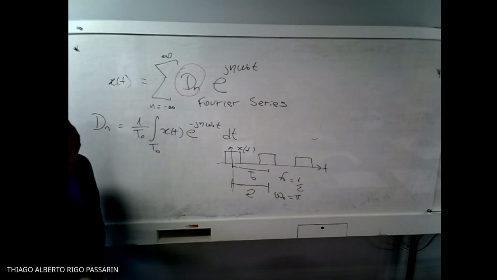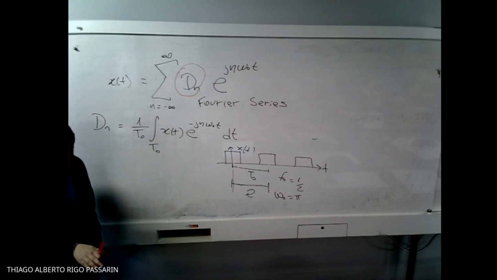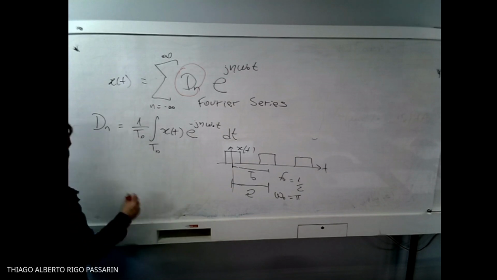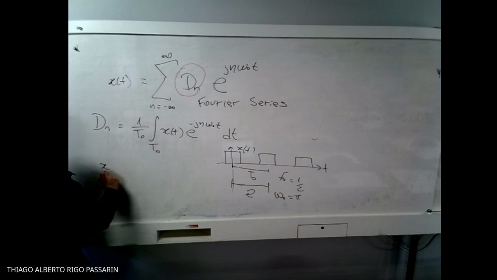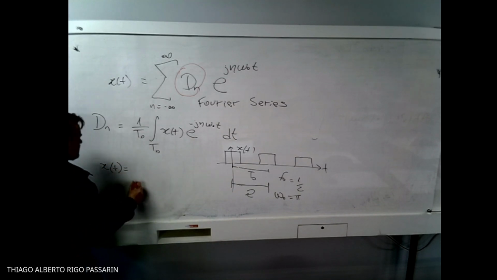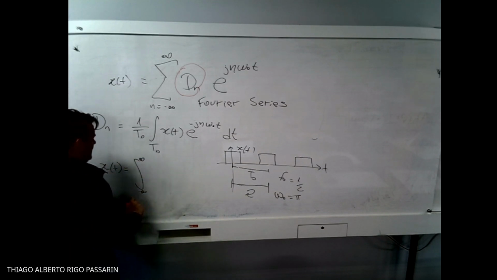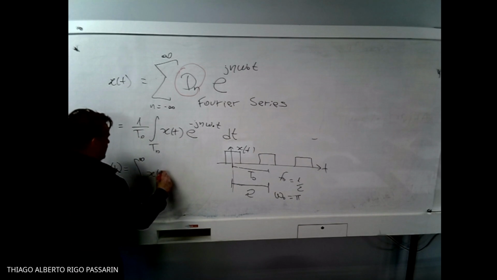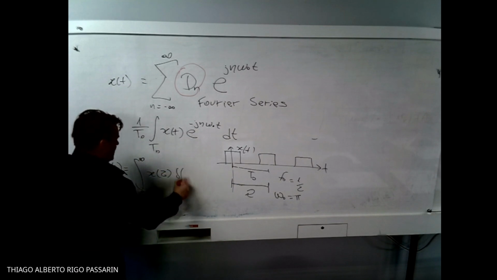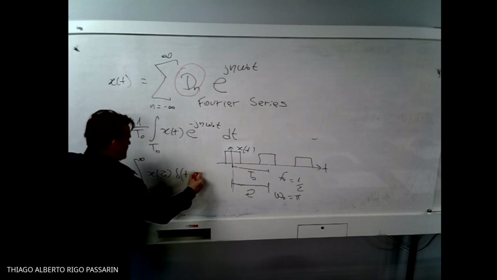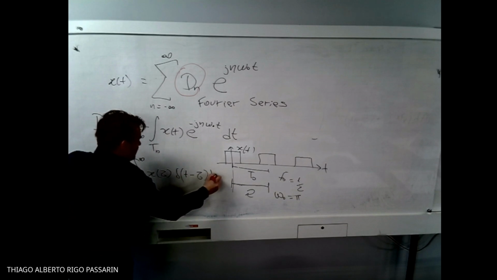We learned how to represent a signal in terms of unit impulses in the online class, right? A signal can be represented as the integral from minus infinity to infinity of x of tau, delta of t minus tau, d tau.